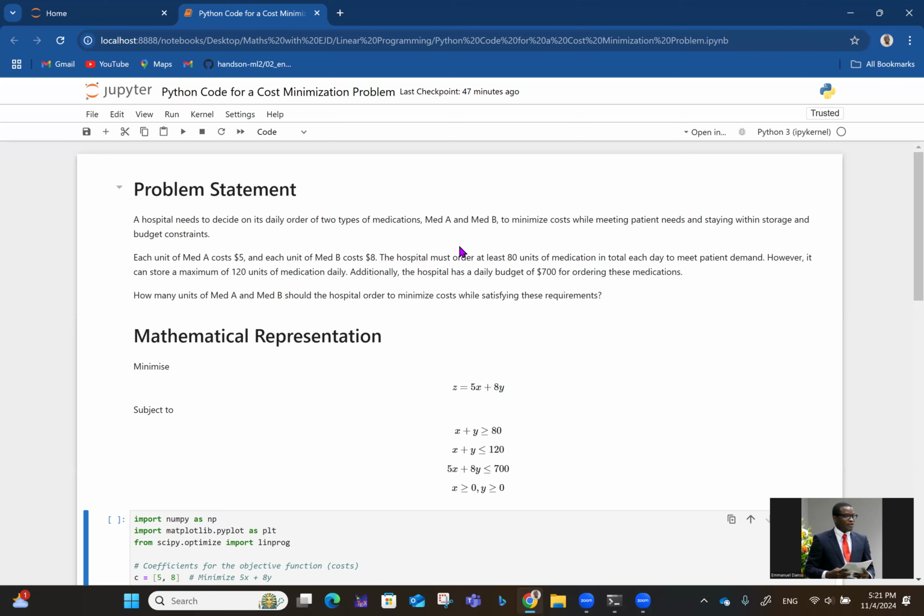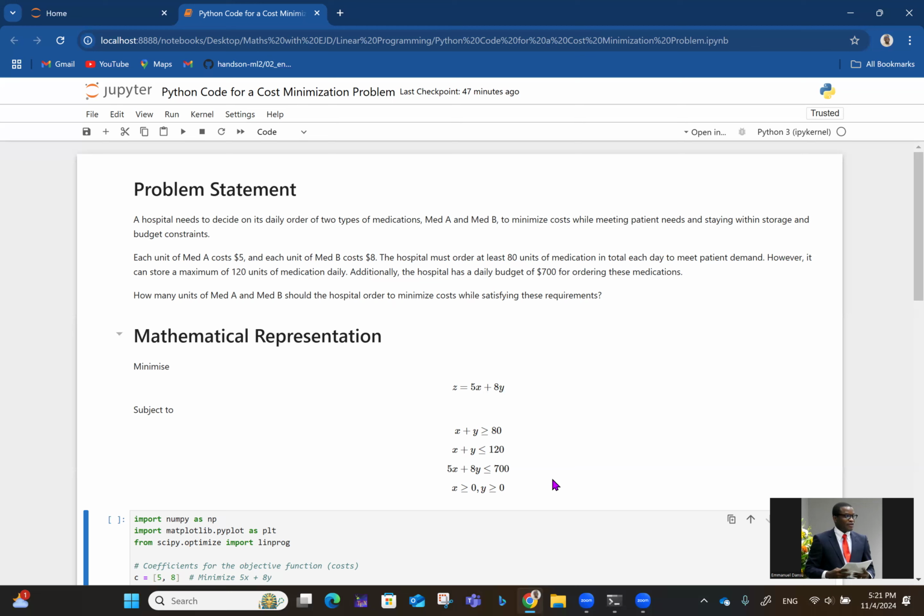Then additionally, the hospital has a daily budget of $700 for ordering these medications. So whatever you do, you cannot spend beyond $700 in ordering either Med A or Med B or both. That's why the third constraint is 5X plus 8Y less than or equal to 700.